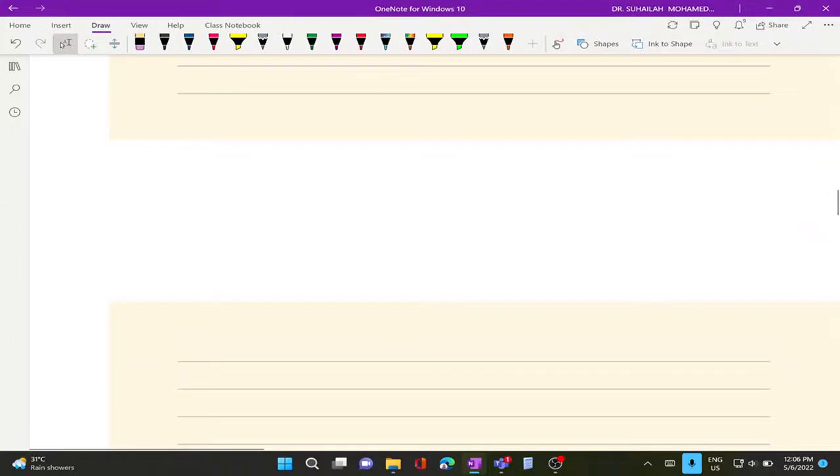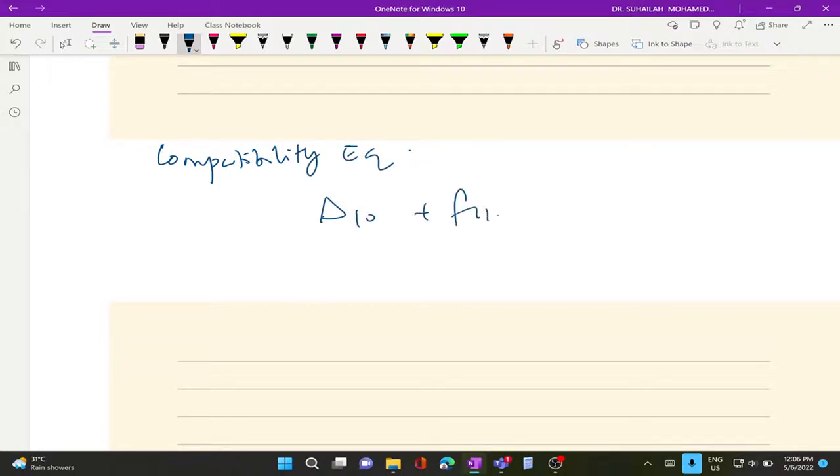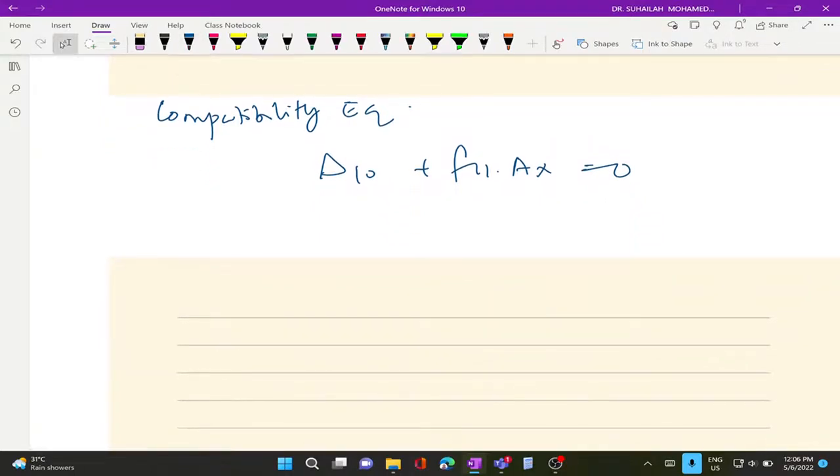Okay, we can continue to calculate compatibility equation. It is delta 1 naught plus F11 times with AX, which is equivalent to 0.